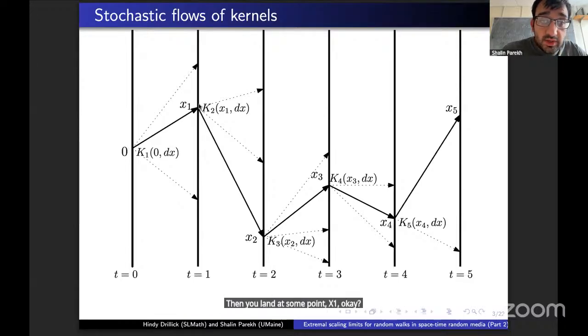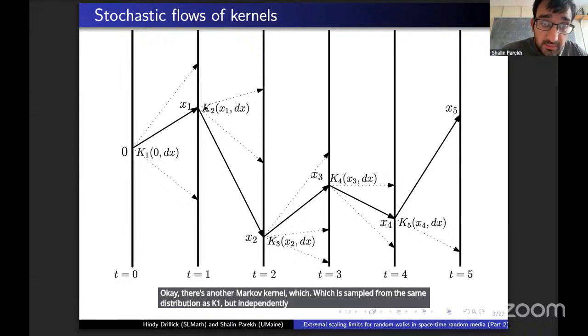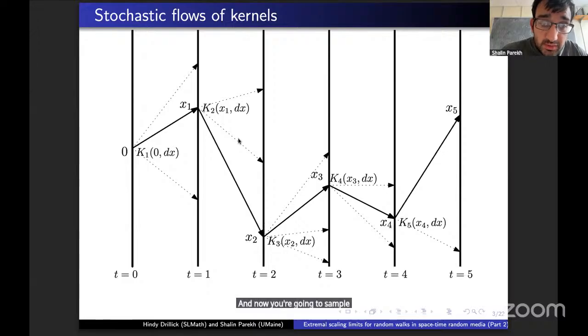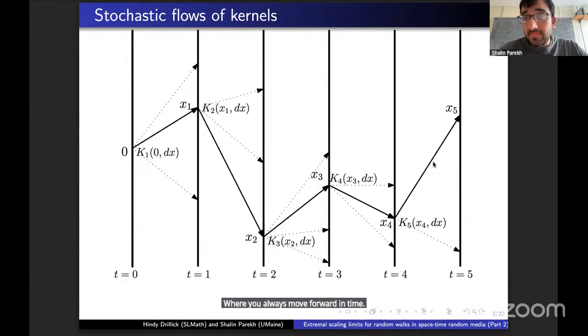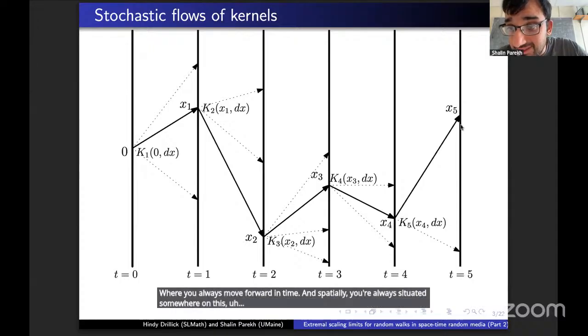Wherever you land, there is another Markov kernel, sampled from the same distribution as k1 but independently. Now you sample a point x2 from k2 of x1 comma dx, and then you keep doing that. When you land at x2, there's a probability measure there, k3 of x2 comma dx, and you keep sampling in this way. This generates a random walk in a random environment where you always move forward in time, and spatially you're always situated somewhere on this lattice I.